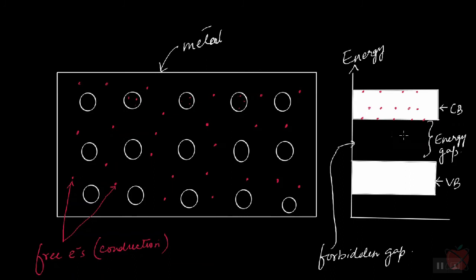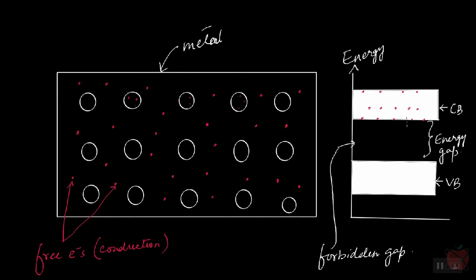Why is it called forbidden gap? Because the electrons cannot occupy this level. Is that clear? So we have two very important energy bands: the conduction band, which belongs to the conduction electrons, and the valence band, which belongs to those electrons which are still trapped inside of the atoms.